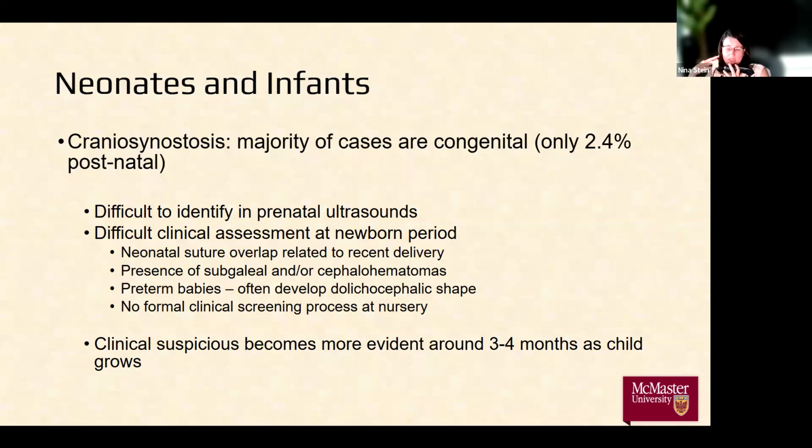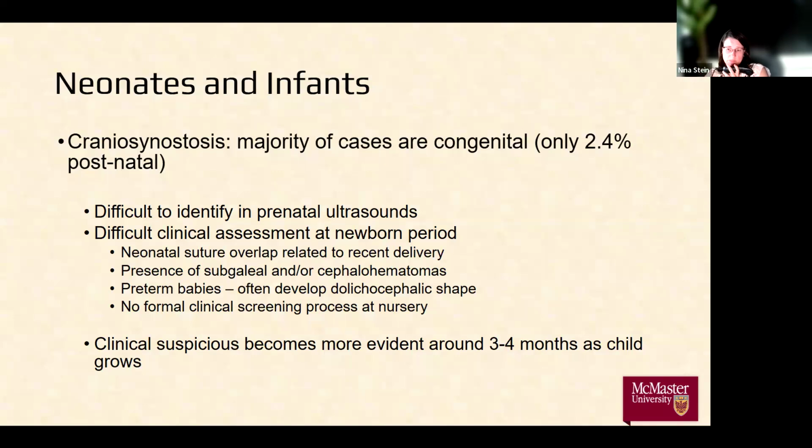And so it takes a little longer for people to start realizing that a funny shape head is actually something that needs investigation and needs treatment, and it's not something that will go away.